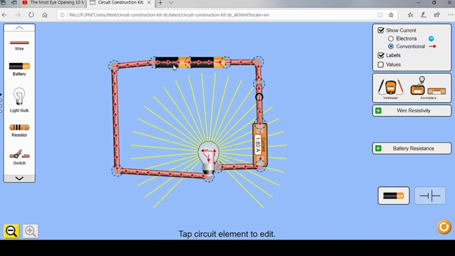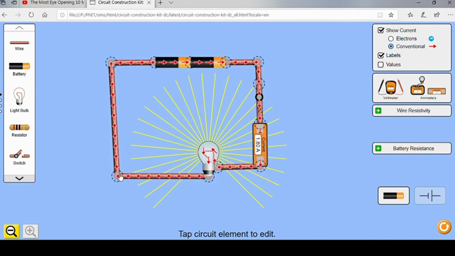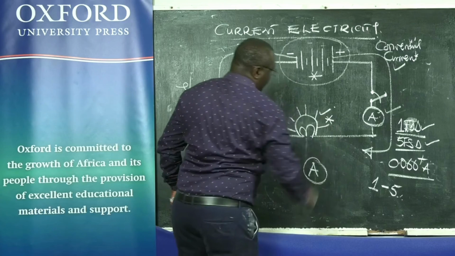Where the cells are supplying more energy, we'll see that the rate of flow of electrons is going to increase, or the rate of flow of conventional current is actually going to increase. So this actually is just a presentation to help us understand what we were talking about on the board.